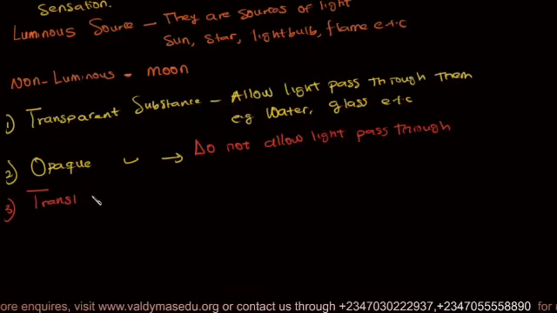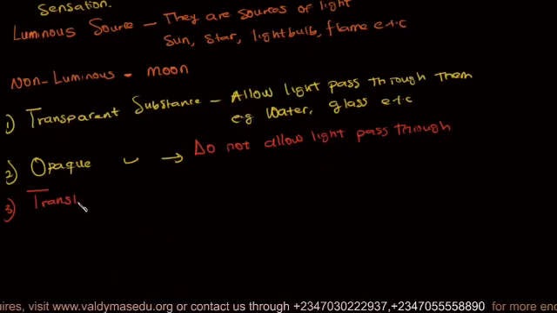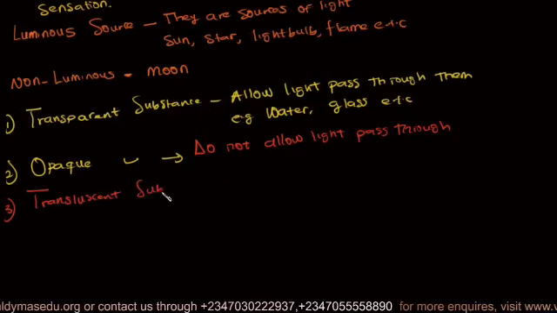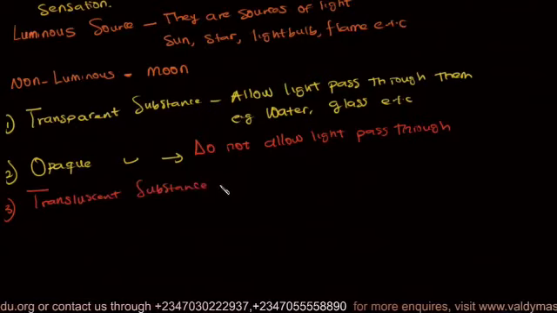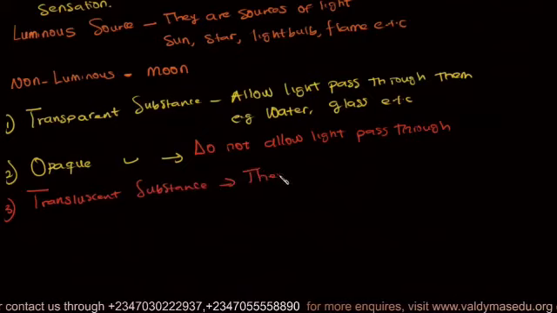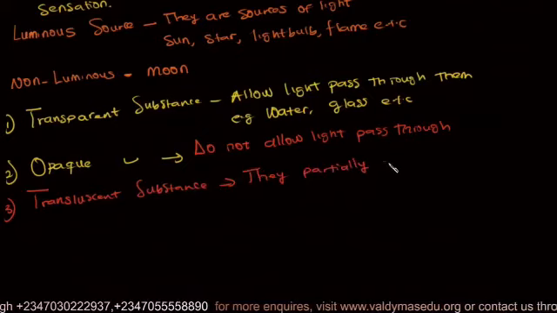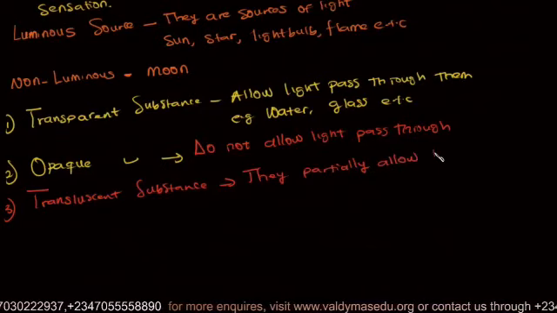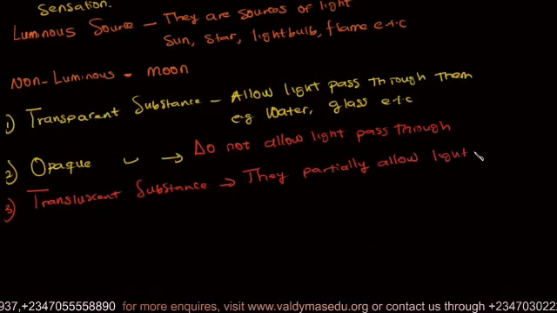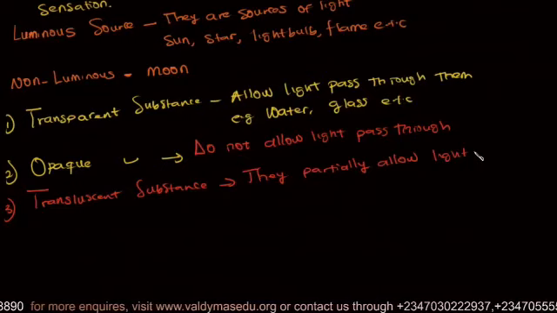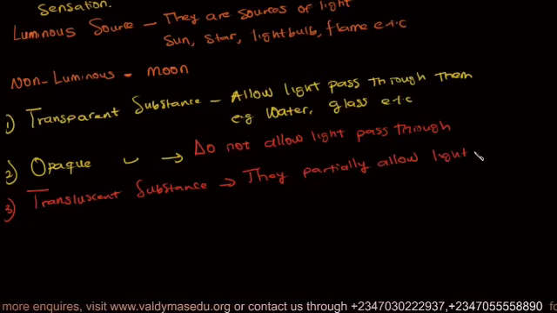The translucent substances partially allow light through them. So those are three basic types of substances that behave towards light in a particular manner.